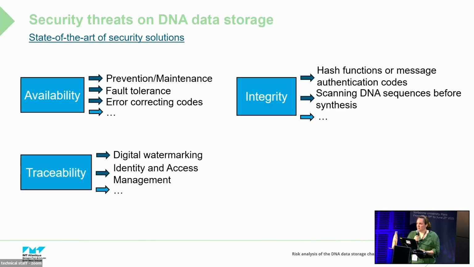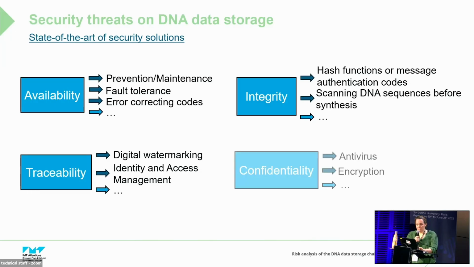Concerning the traceability property, it's possible to use digital watermarking, which is similar to what's called in biology DNA barcoding. And finally, for confidentiality, it's possible to use encryption, but these are digital tools that protect the digital medium, but are not specific to the DNA data storage chain.